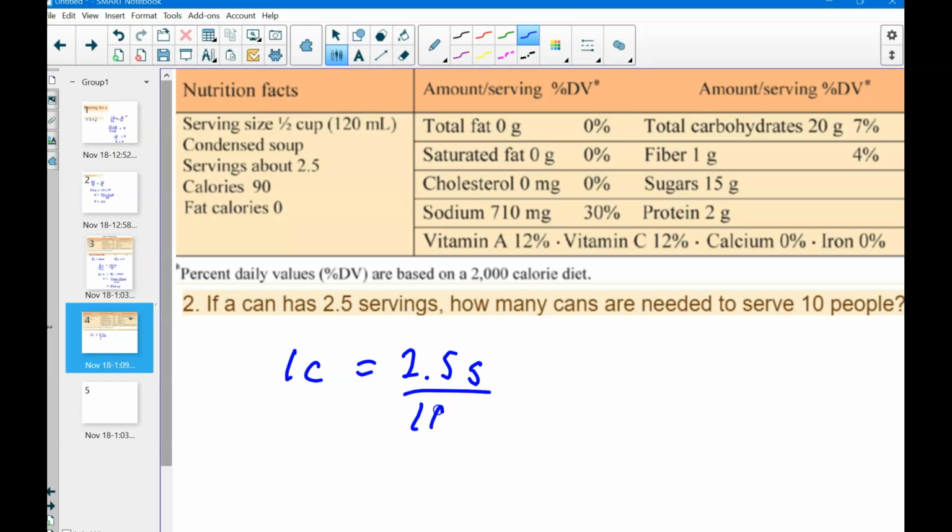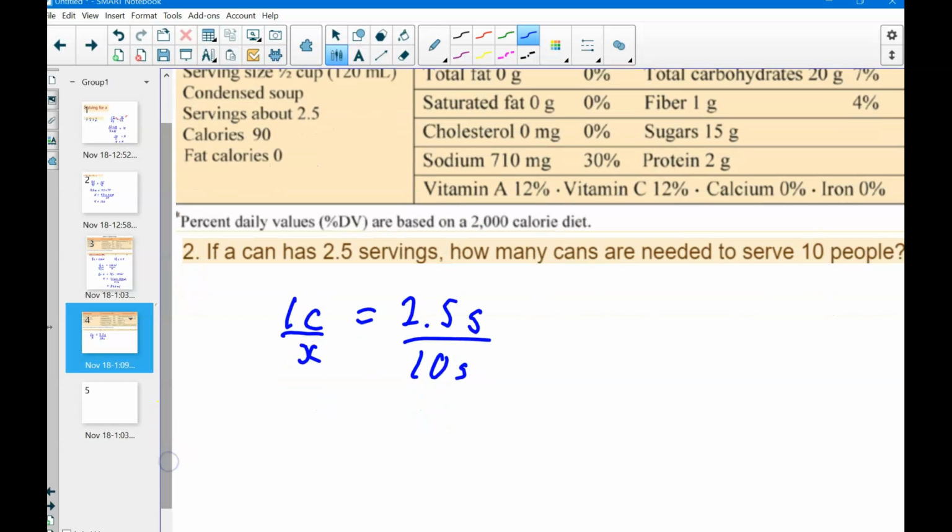That gives us X. How many cans? For all multiplying, this is going to be a tricky question. Watch what happens in this question.